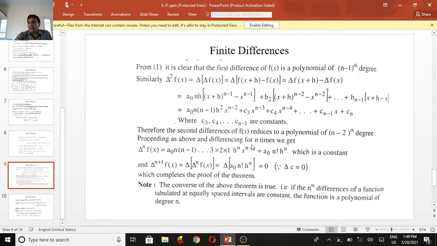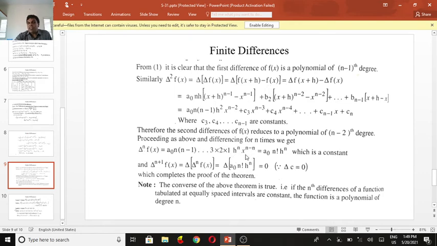Similarly, the same process we expand. The process is continuing, proceeding as above, and differencing n times we get del power n f of x is a0 n into n minus 1 into n minus 2 into n minus 3 etc. 3 into 2 into 1 h power n x power n minus n, an nth degree.